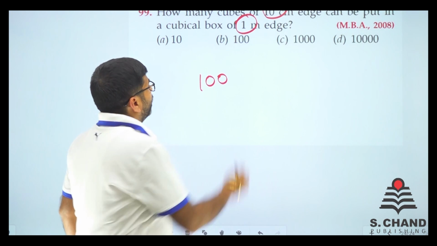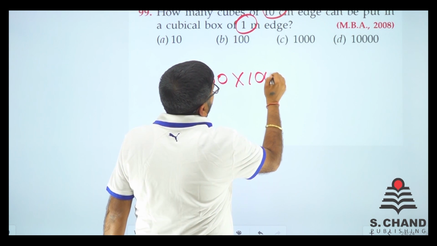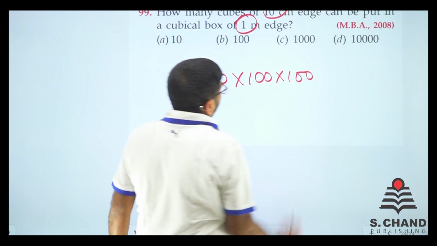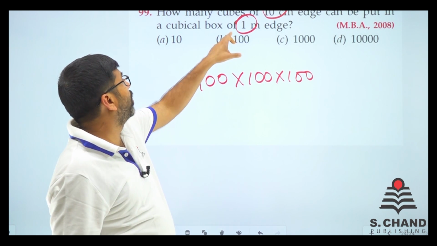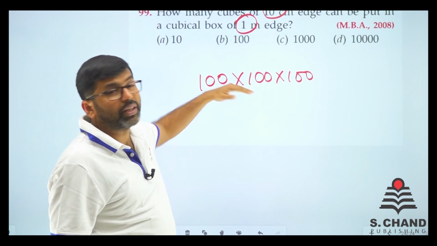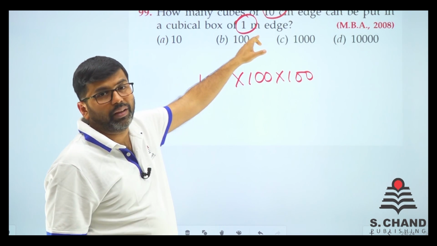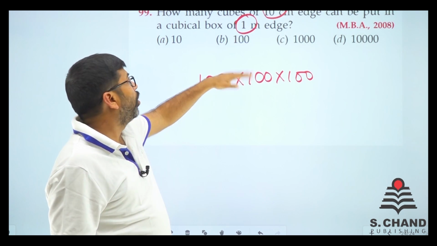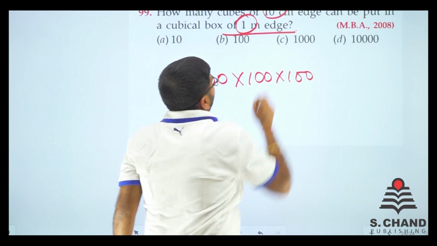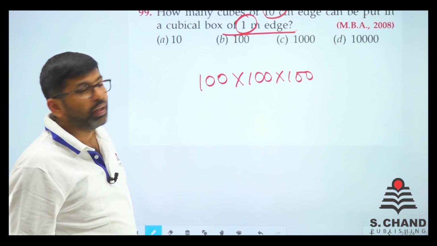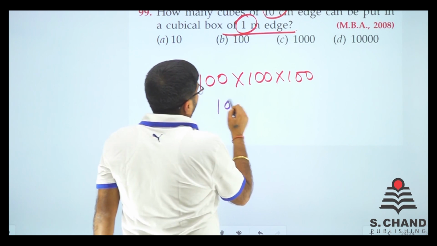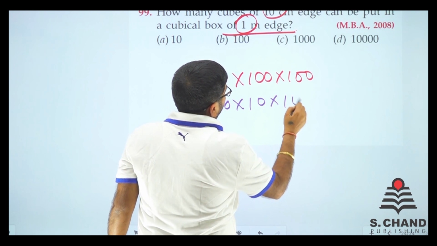So 100 into 100 into 100. This is the volume of the bigger cube. And the smaller one is 10 into 10 into 10.